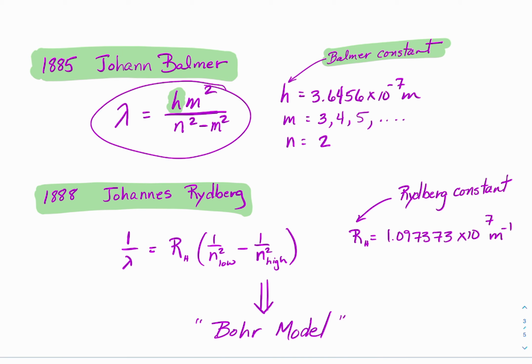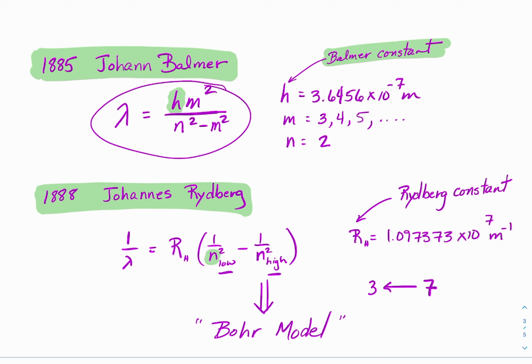Instead, he used the terms low and high. So if you wanted to move an electron from, say, a level of 3 to a level of 7, the number that you would put for n low would be the 3, and the number for n high would be 7, whichever one's the highest you put as n high.